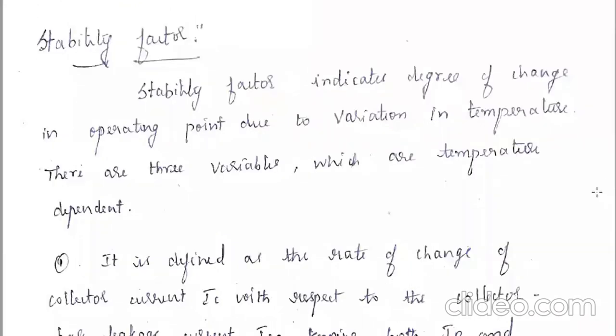Next, we'll see what we call the stability factor. The stability factor indicates the degree of change in operating point due to variation in temperature. In order to compare the performance of various biasing circuits, this stability factor is used. There are three variables which are temperature dependent, and based on these, the stability factor can be defined by three different formulas.